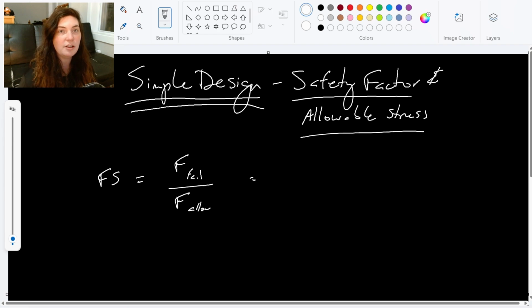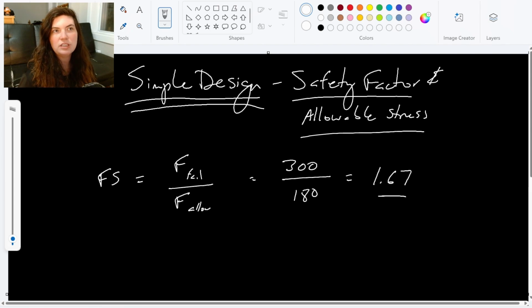So if a 300-pound person sits on a chair and it fails, but the little sticker on the bottom said the allowable was 180 pounds, this would mean that my factor of safety of the chair, what is 300 over 180? It's 1.67. So essentially it's a number rating that tells you how many times, it's like a multiplier, what the safety factor is in there.